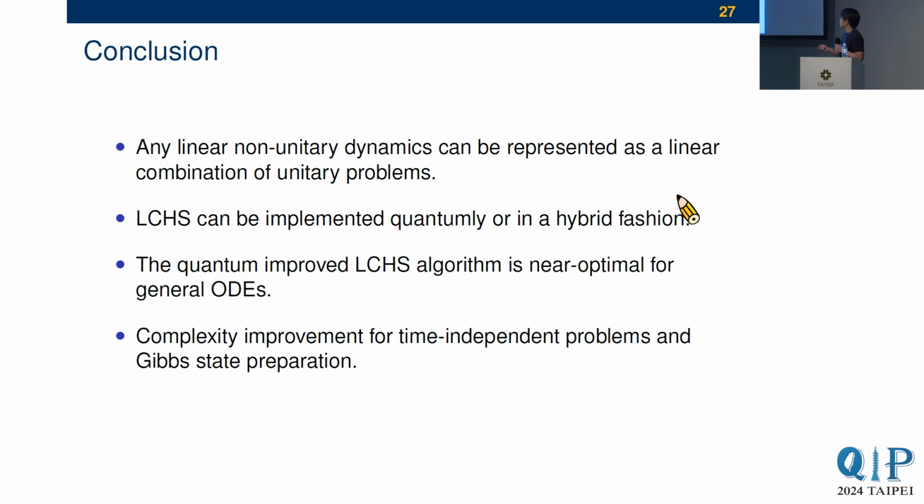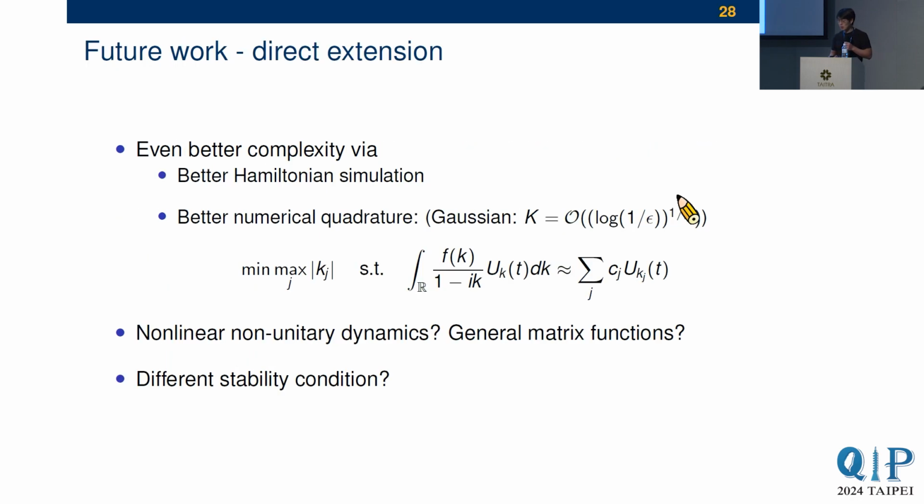There's a further complexity improvement I didn't talk about for time-independent problems, and also Gibbs state preparation over earlier works using similar oracles. So there's some direct extension and future work. First, can you achieve even better complexity?